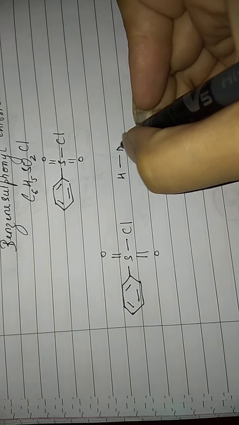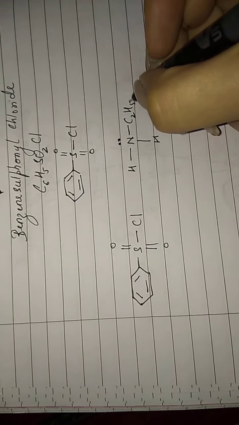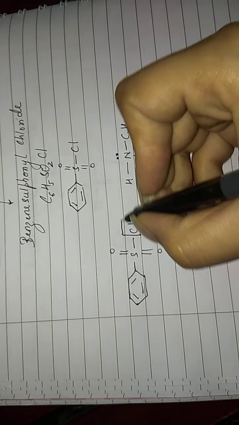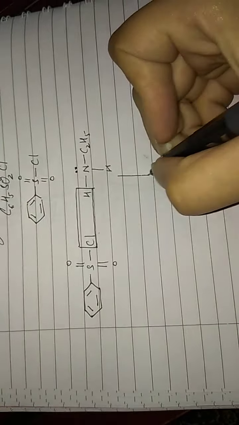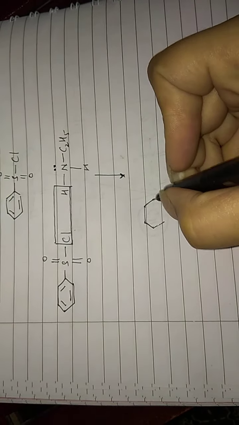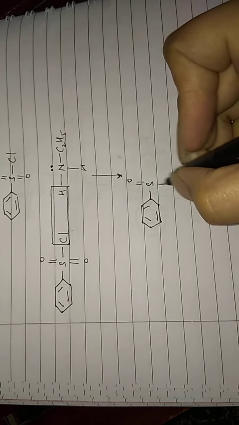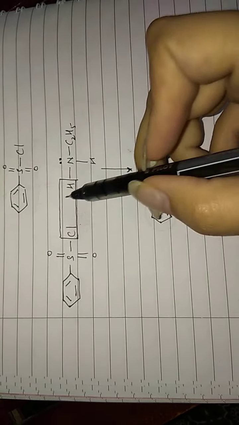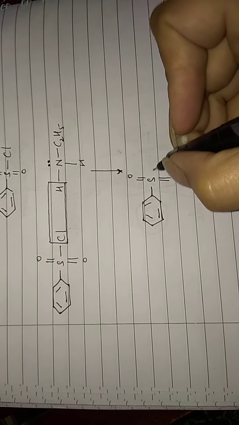Okay, now how do we react this particular reagent with the primary amine first of all? If this is my primary amine, which is ethane amine, C2H5NH2, when I react it with benzene sulfonyl chloride, I directly remove HCl from here. Since HCl has been removed from in between, I directly connect the sulfur atom to the nitrogen atom.